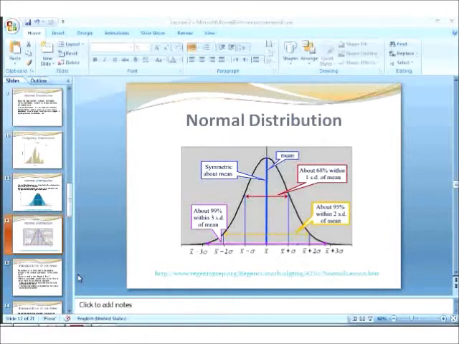It's not like that in natural phenomena, or in most of the experiments. We are not always able to collect the population data set. We always collect the sample data set. So it's not necessarily the case that most of the time the distribution of our data set is normal. It's not always possible, but that does not necessarily mean that it's not acceptable either.